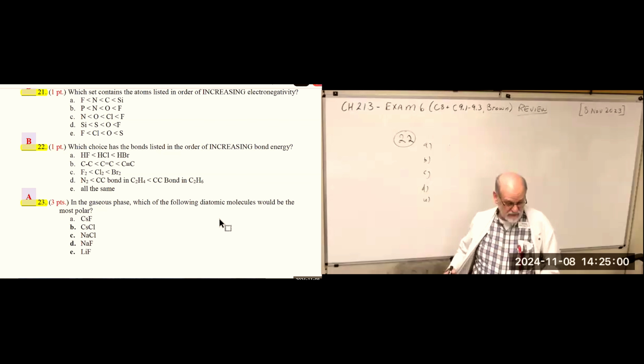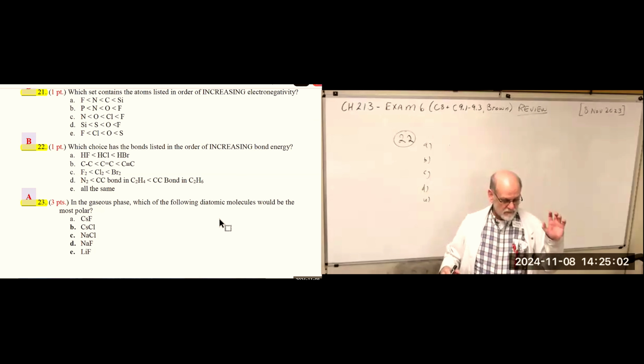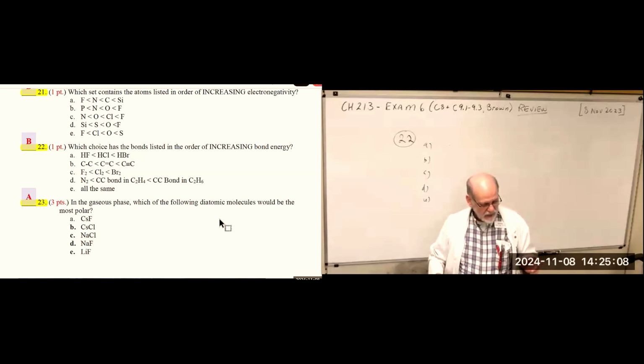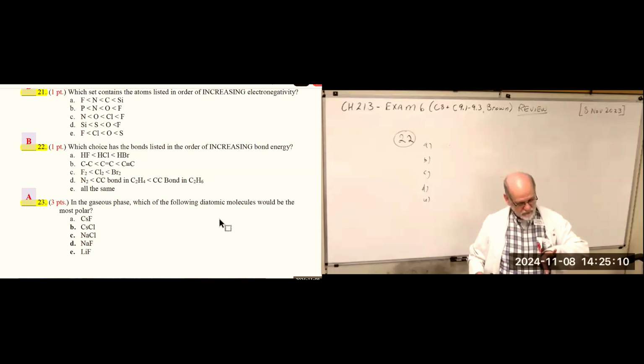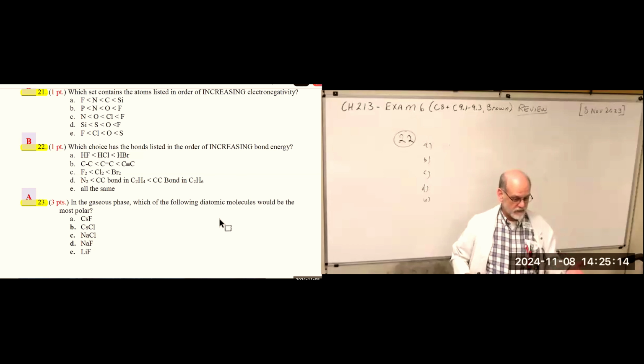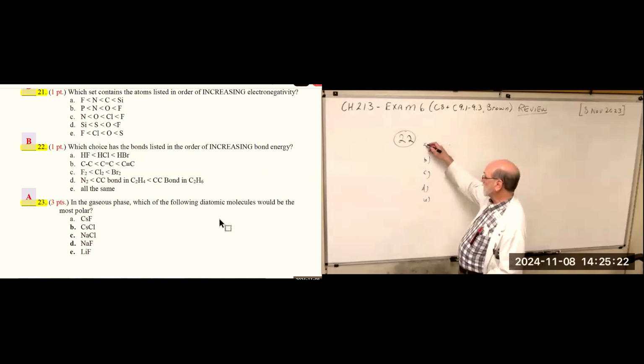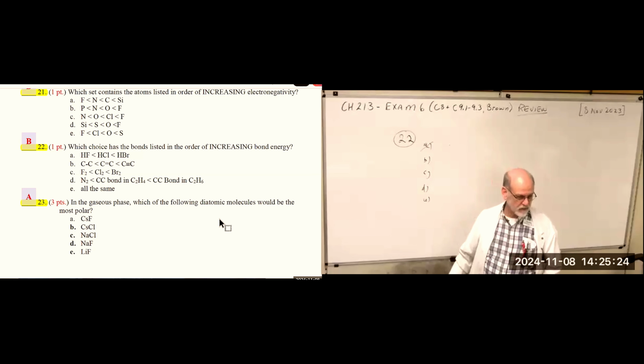Now, in this case, the closer you can get that hydrogen to the nucleus, the stronger the bond. Only A is reversed. HF should be the strongest bond, then HCl, and then HBr the weakest. So those carets ought to go the other direction for A. All right, so A can't be it. It's not the correct order.